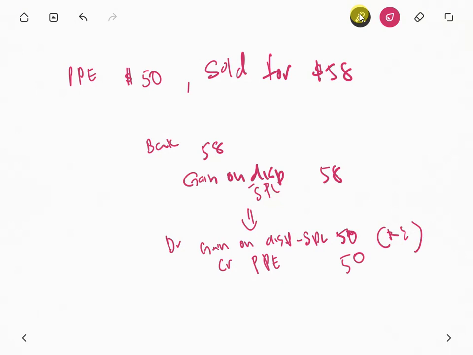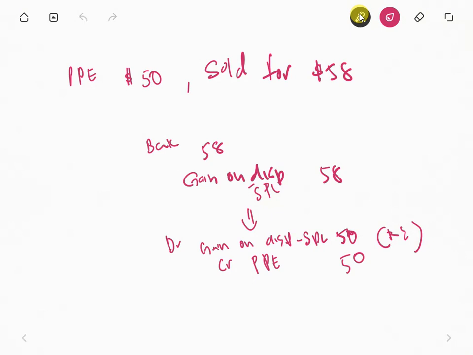You can see here, I make a gain of SPL, gain of 58 by doing a gain of 8 already. So reverse out 50. Debit gain of disposal, which is debit SPL. PPE balance now? 0. My PPE balance after adjustment becomes 0. Lower. Okay? Becomes lower.